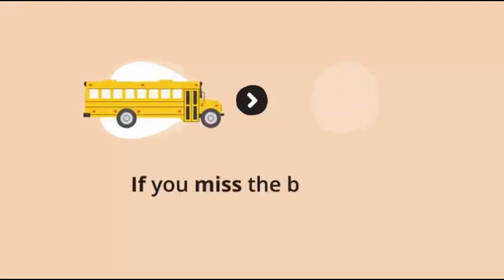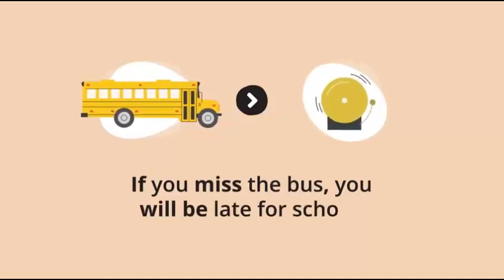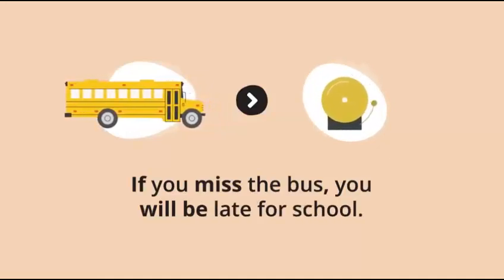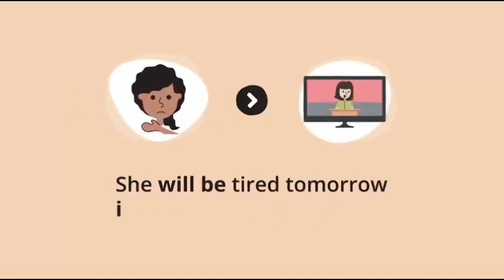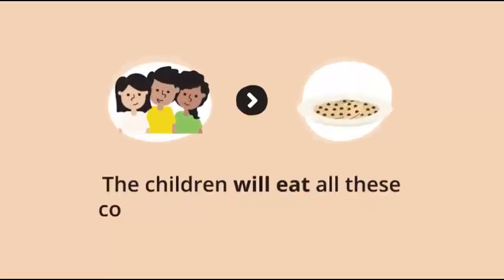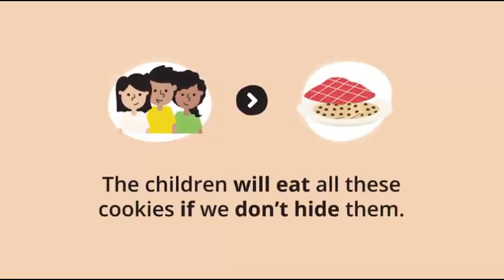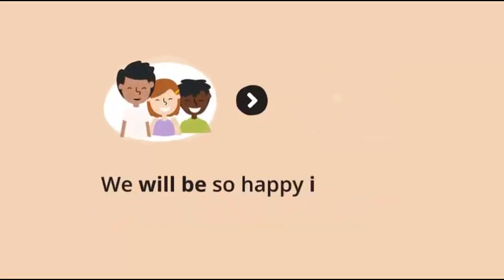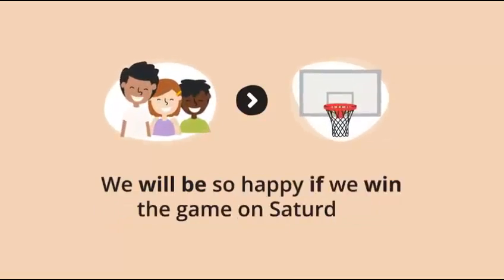If you miss the bus, you will be late for school. She will be tired tomorrow if she watches TV all night. The children will eat all these cookies if we don't hide them. We will be so happy if we win the game on Saturday.